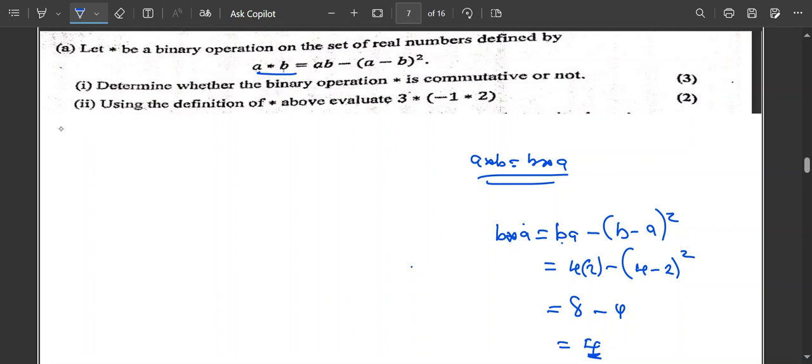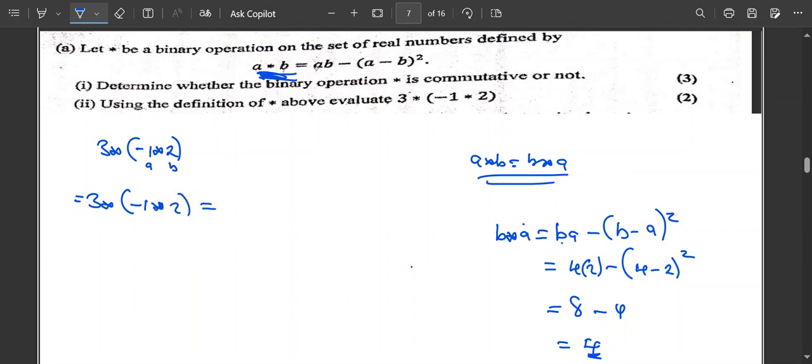So we have been given an expression to say this is 3 star open bracket negative 1, star 2, like that. So meaning that this is now our a, this is our b, this is the order which they gave us. So we'll write 3 star, open bracket negative 1, then star 2, like that.